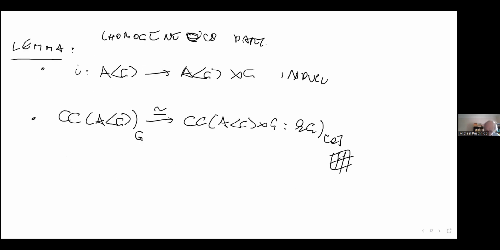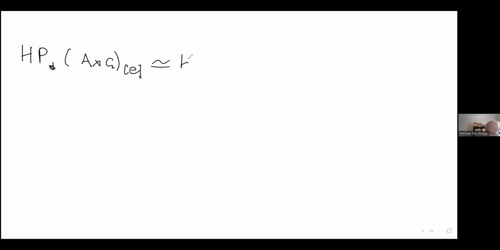So this is isomorphic to the homology of the huge complex I consider, A, G, cross product with G relative to the group ring, and I take here just the homogeneous part, the contribution of the unit element.